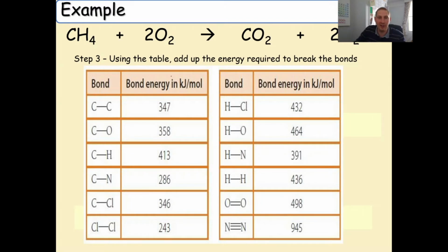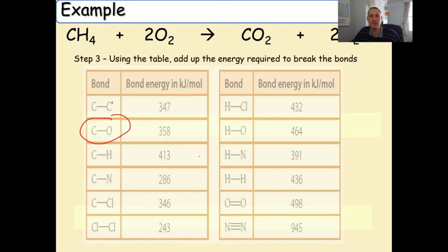And again, you would be very careful because notice here, we have got C-O single bonds listed. And we mustn't mistake those for C=O double bonds. We've got to be really careful that we're choosing the right bonds, especially at A level. At GCSE, you were given a small number of bonds. At A level, you have a data book, which will have 100 of them. You've got to select the right bonds.